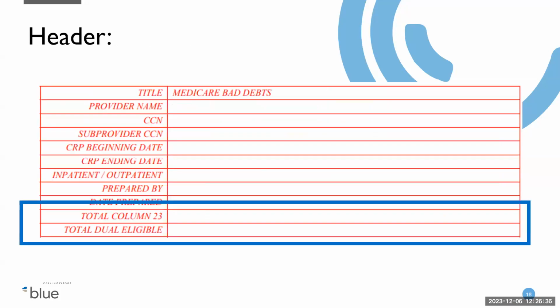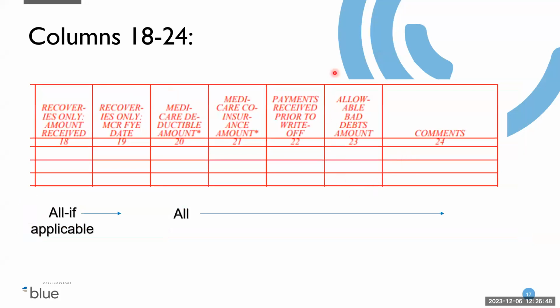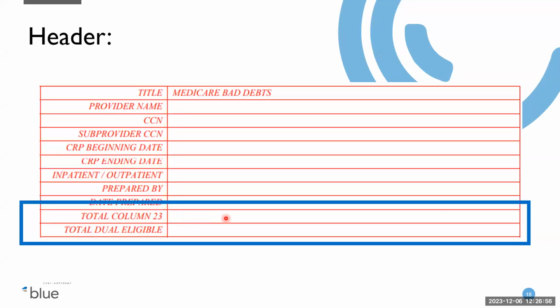But yeah. So then that brings me back to the header. So you will see the bottom two rows. It's a total of column 23. So if I go back, we talked about this is your bad debt amount you're trying to claim. So you're going to total up this entire column, and that is going to go right here. And then you're also going to total up everything.